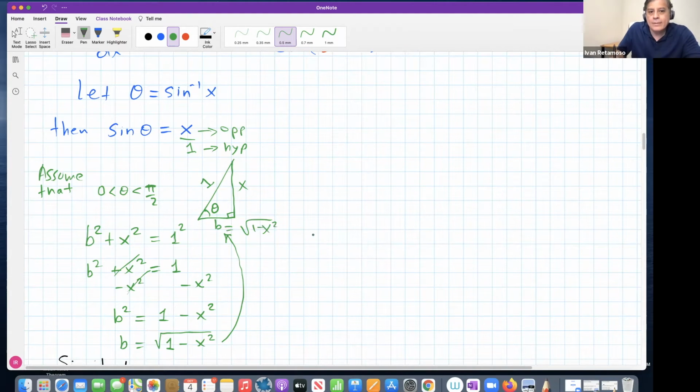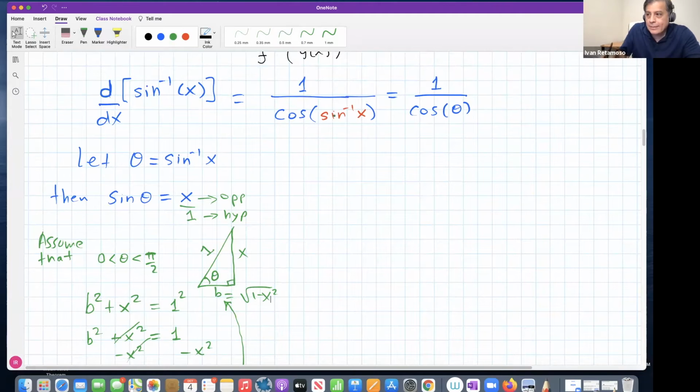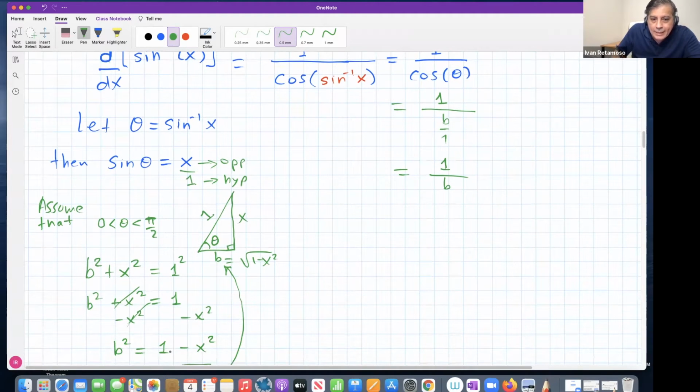And therefore, now I can compute cosine of theta, right? Which is something that I needed here to complete this, right? So this means that this guy should be equal to 1 over cosine of theta, but cosine of theta, looking at this triangle, should be b over 1, so 1 over b, but b is this guy in terms of x.